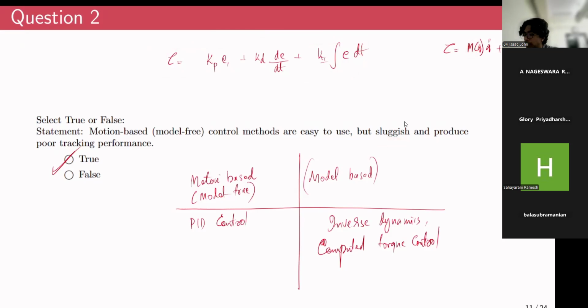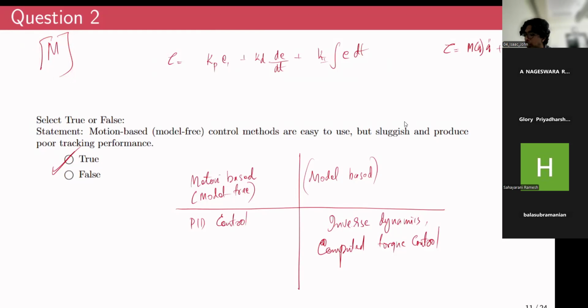Consider a robot that has 2 degrees of freedom: it has more inertia along one coordinate, and less inertia along the other coordinate. That physical property will be captured by this mass matrix, right?